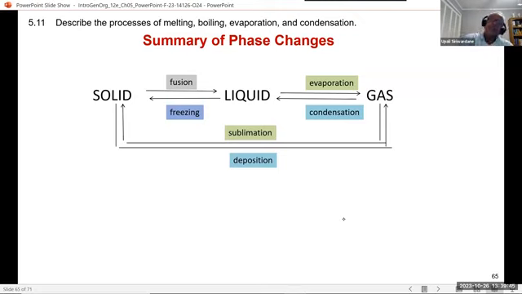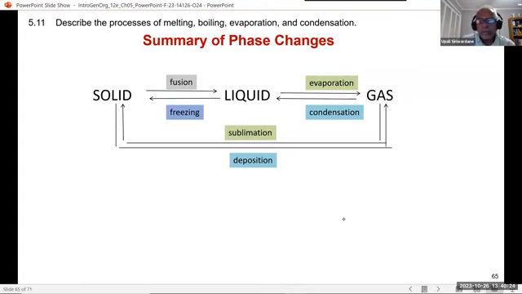There are 6 types of phase changes shown here: fusion, freezing, evaporation, condensation, sublimation, deposition. Fusion and freezing take place in opposite directions to each other. Evaporation and condensation are opposite to each other. Sublimation and deposition are opposite to each other.